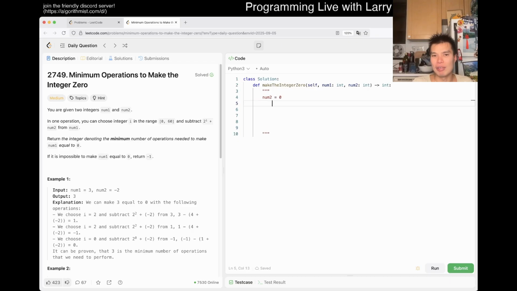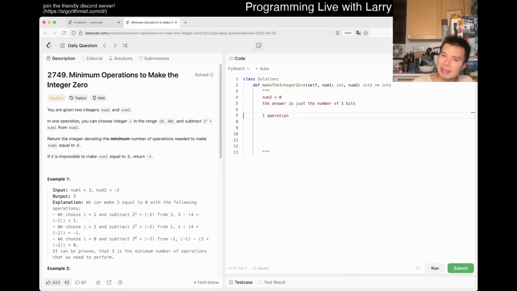That means the answer is just the number of 1 bits in num1's binary representation. Hopefully I don't have to explain that one. If you don't understand, and maybe I'm going a little fast, just pause the video and work it out. It only gets harder from here, so you have to do a little work to carry this.